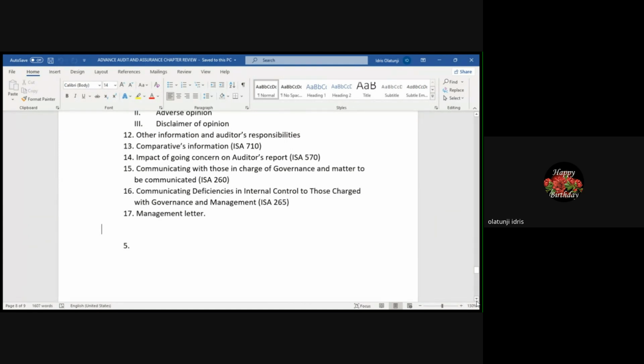It's because the work procedure, the commitment level, and the level of work performed by that auditor in order to express the opinion that the financial statement is of true and fair view has actually fallen below standard. So it makes the organization not to place reliance on that opinion.